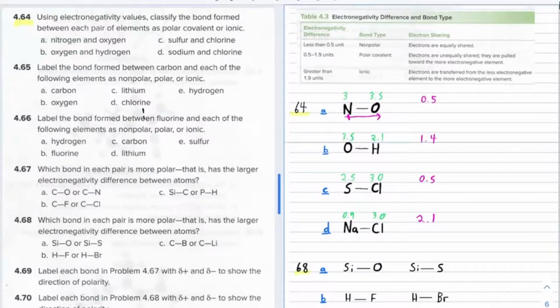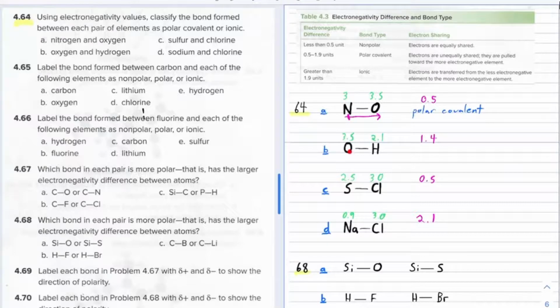This would be the negative side of the bond, and this would be the positive side of the bond. You say it's partially negative. The electrons are kind of tilted towards the oxygen, and this one's partially positive. And so let's write this one down. This is polar covalent, and the electrons are pulled towards the oxygen.